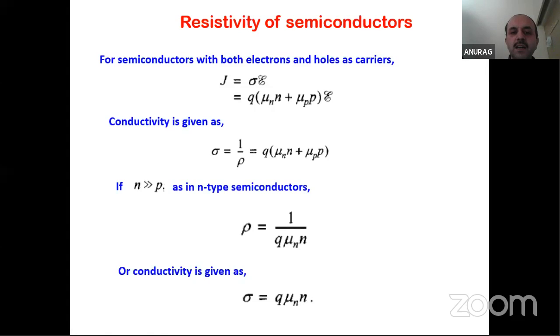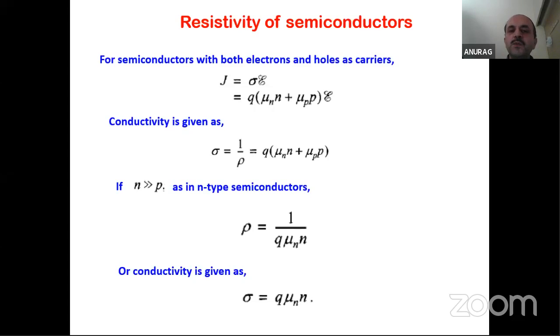So now I have a simpler relation. Rho is equal to 1 upon q mu n n for an n-type semiconductor, or sigma is equal to q mu n n. So the current flowing in a particular semiconductor is due to one particular type of carrier. These carriers we call the majority carriers. The other type of carrier we call the minority carrier.